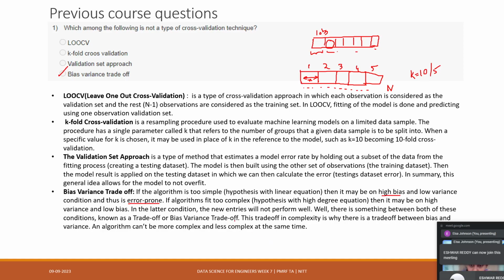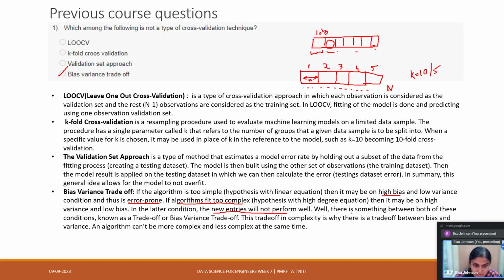In that condition the algorithm will fit too perfectly, meaning it will overfit. In the case of overfitting, it won't generalize well to new entries. You train your model on the train set and it fits perfectly, but when new entries come in the test set, it will not perform well, so the error will be very high.